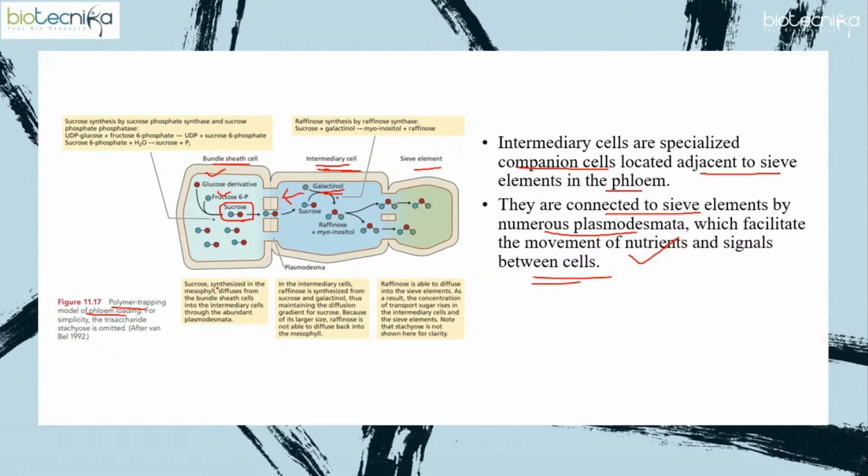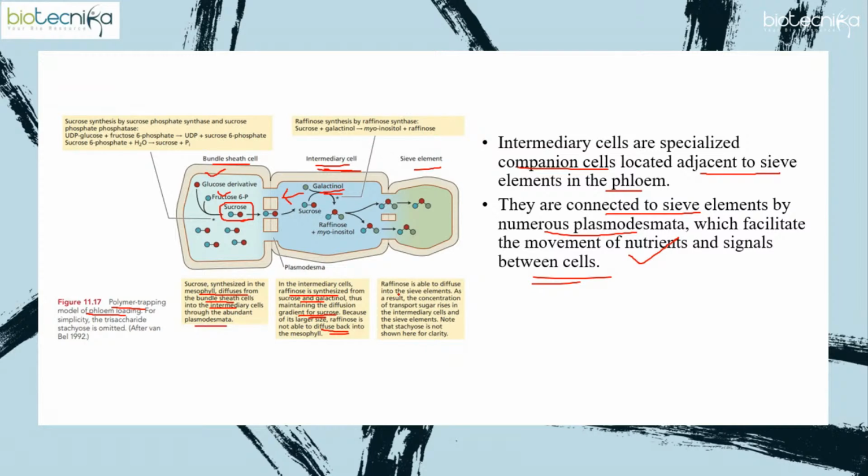Okay. So sucrose synthesized in the mesophyll diffuses from the bundle sheath cells into the intermediary cells through the plasmodesmata. Within the intermediary cell, raffinose will be synthesized. How? From sucrose and galactinol. And they will maintain the diffusion gradient for sucrose. Because of its large size, back diffusion will be prevented.